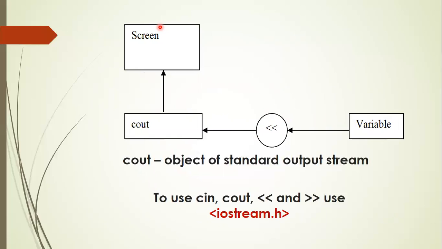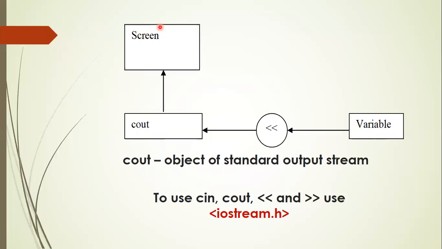In the case of the extraction operator, we use the cin object. In the case of the output operator, or the put to operator, we use the cout object. In our C language, whenever you are using scanf, printf, etc., we have to include the header file #include <stdio.h>.